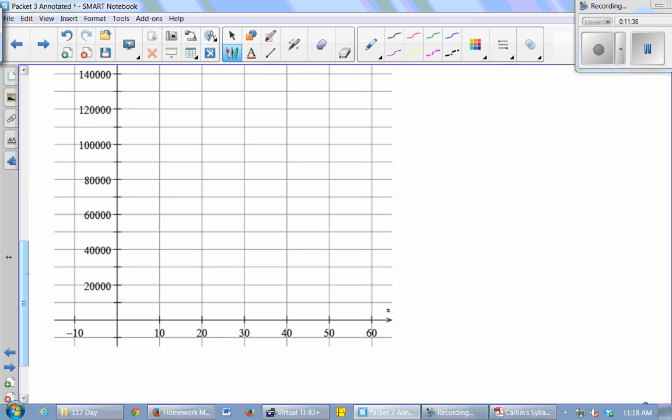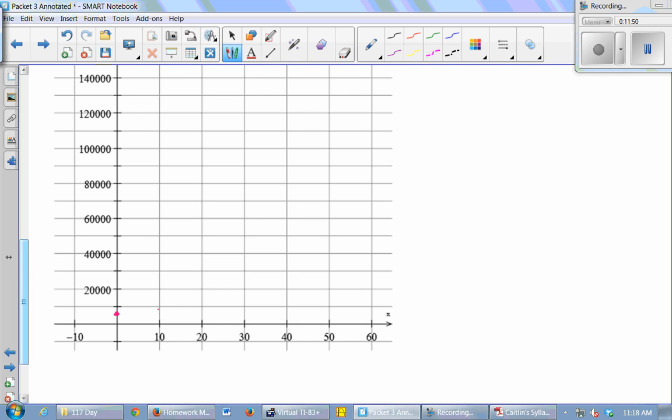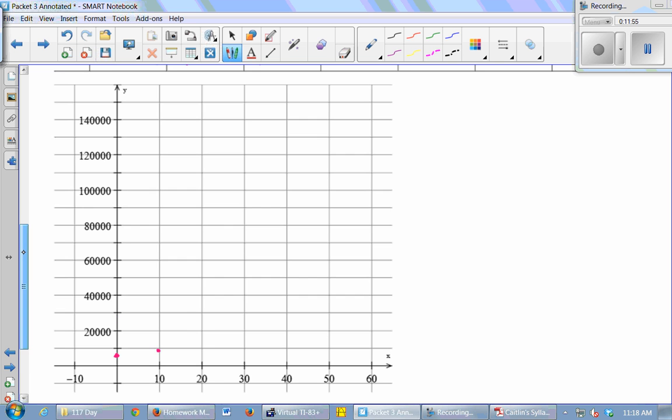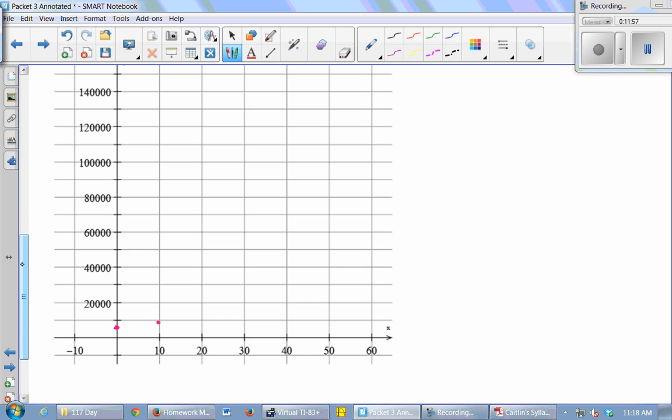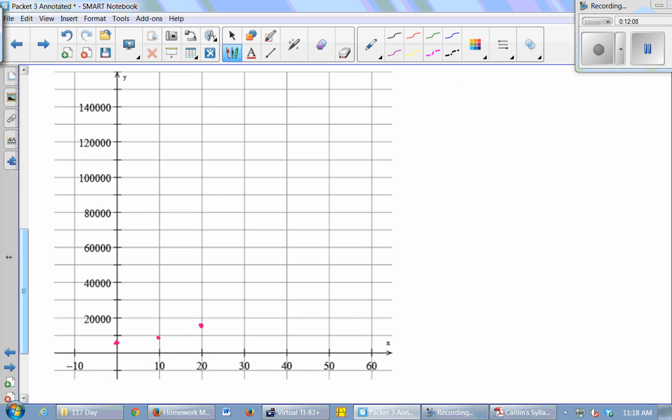0, 5,000. That is like here, because that first one says 20,000. And then 10 is 9,000, so it's just a little bit higher there, almost at 10,000. And then 20, 16,000. So that's 10,000, about there. Year 30, 28,000. So that's 20, 30, almost to 30,000.